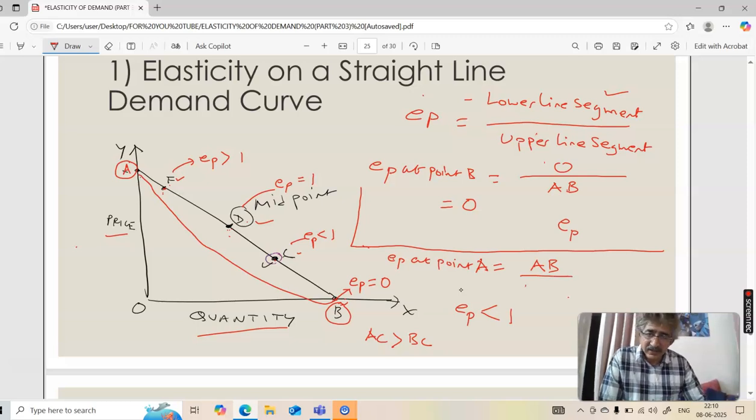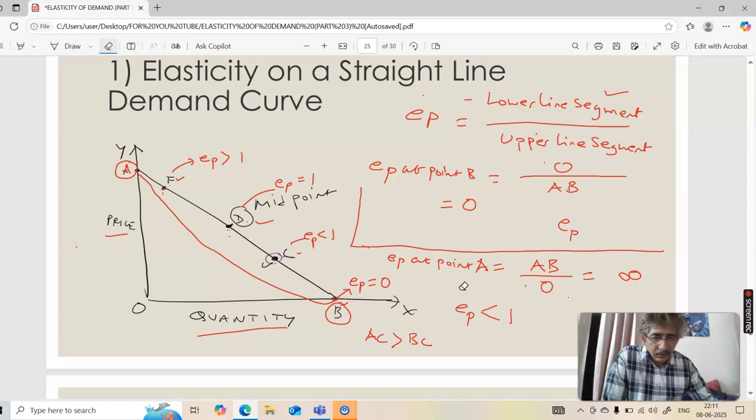Above A, nothing is there. You can't see the demand curve. So we divide by 0. Anything you divide by 0, the answer will be infinity. This is the symbol for infinity. So what do we conclude?